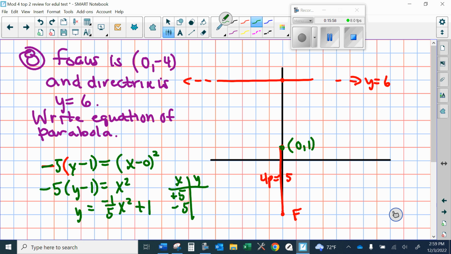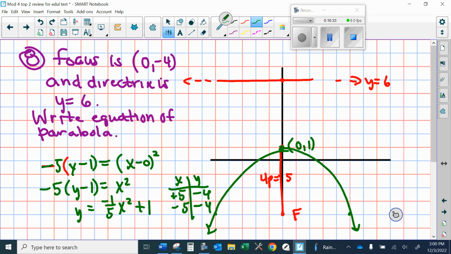So 25 cancels with 5, times negative 1 is negative 5, plus 1 is negative 4. So 5, negative 4: 1, 2, 3, 4, 5 over and 1, 2, 3, 4 down. And I plug in negative 5. Negative 5 squared is 25, cancel the 5, times negative 1 is negative 5, plus 1 is negative 4. Again, 5 left and 4 down. Okay, so there would be my sketch.